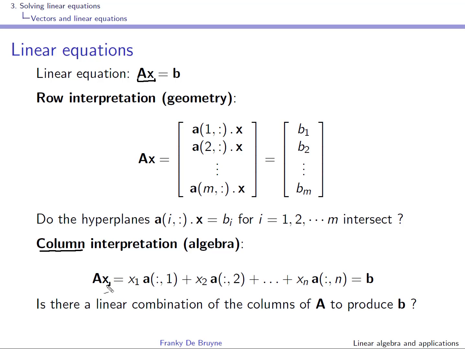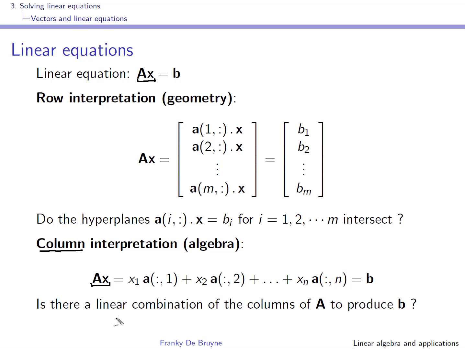Remember that AX, which produces a vector, in the column interpretation is seen as a linear combination of the columns of A using the elements that are in X. So there is another interpretation to the linear system of equations which is algebraic in nature, and which restates the question, is there a solution to AX equals B, as another question: is there a linear combination of the columns of A that will produce B?